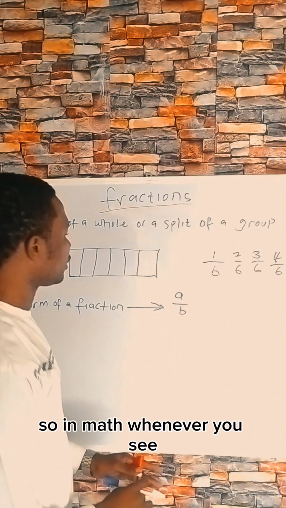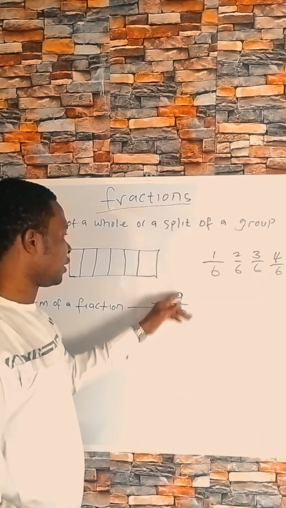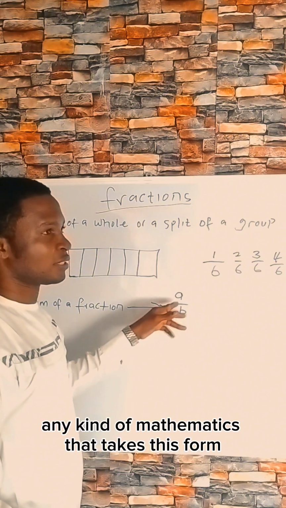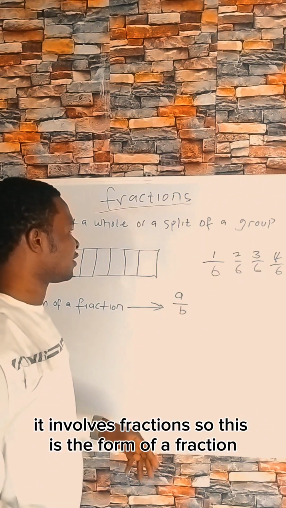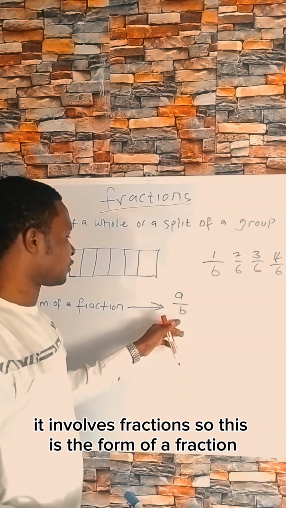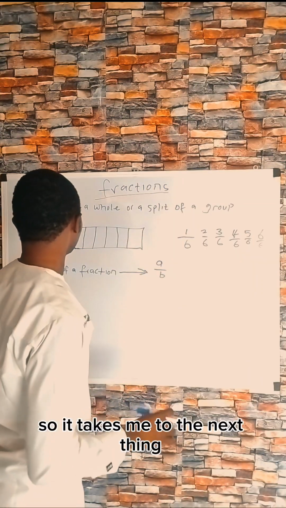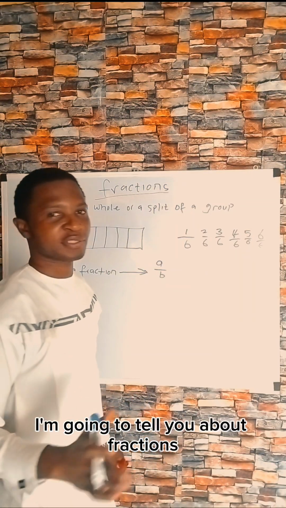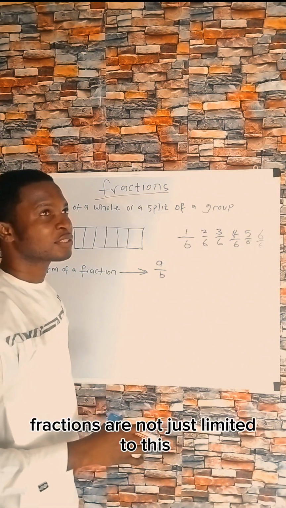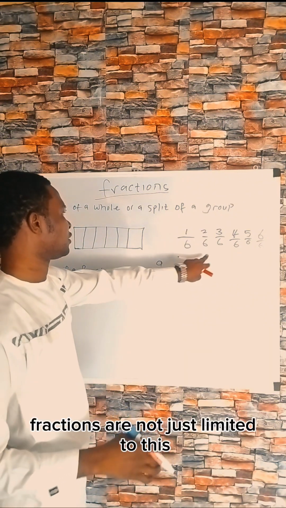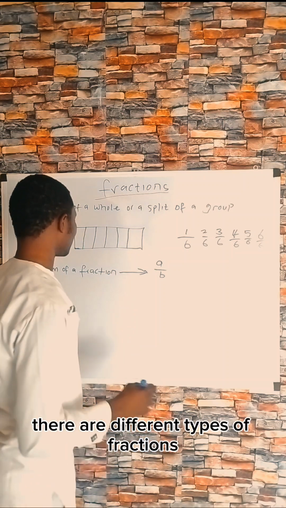So in maths, whenever you see any kind of mathematics that takes this form, it involves fractions. So this is the form of a fraction. So it takes me to the next thing I'm going to tell you about fractions. There are types of fractions. Fractions are not just limited to this. There are different types of fractions.